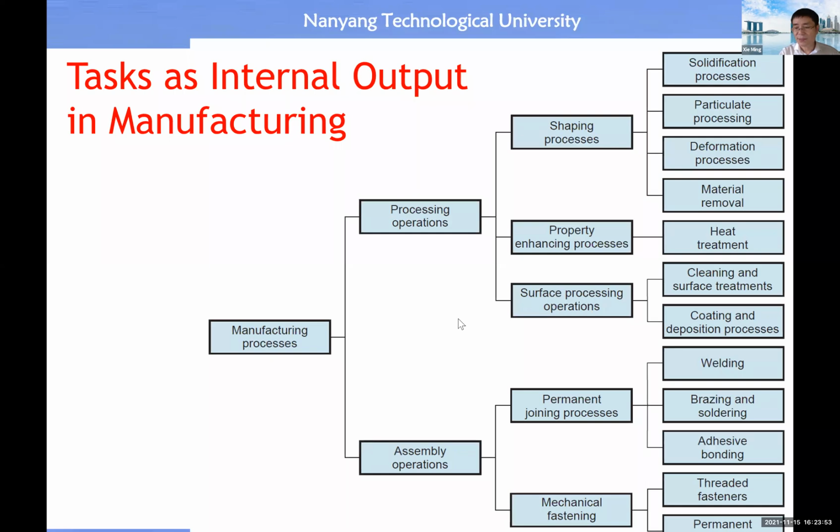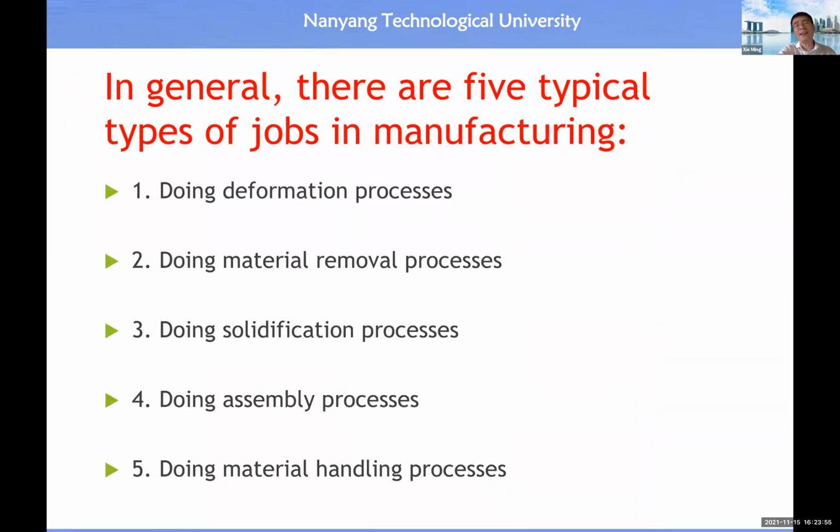All right. So here, I just list down these 5 typical or most popular types of jobs in manufacturing. First one is deformation process. Second one is material removal process. Third one is solidification process. The fourth one is assembly process. And the last one is material handling process. All these processes could be done by today's industrial robot.